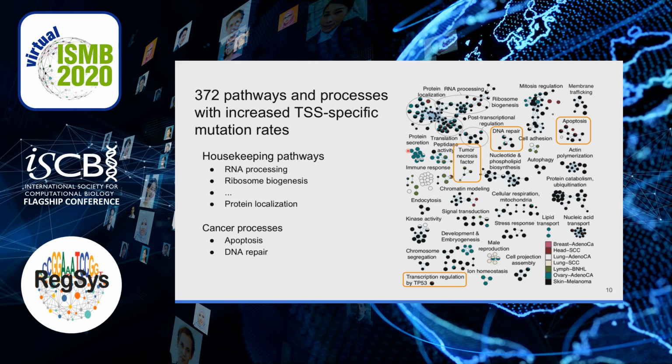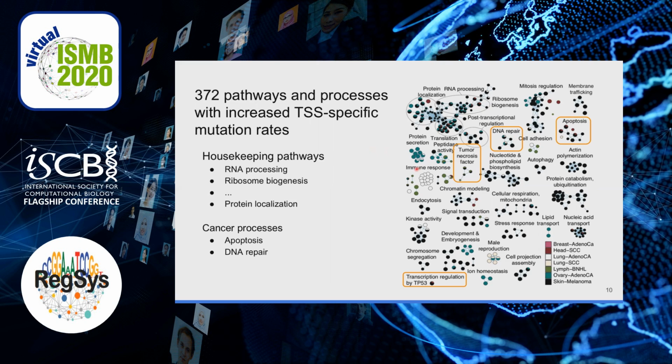And so ultimately, we were able to isolate 372 different pathways, which are shown here. The different colors correspond to different cancer types, most of which are melanoma. And so we were able to isolate several housekeeping pathways like RNA processing, ribosome biogenesis, but we were also able to identify some cancer-related pathways like apoptosis and DNA repair.